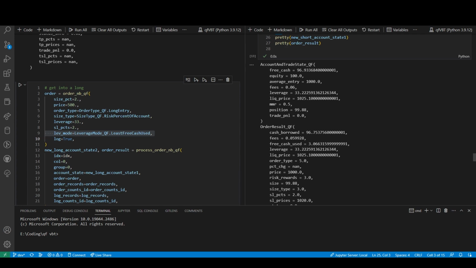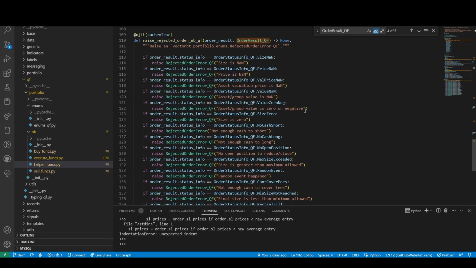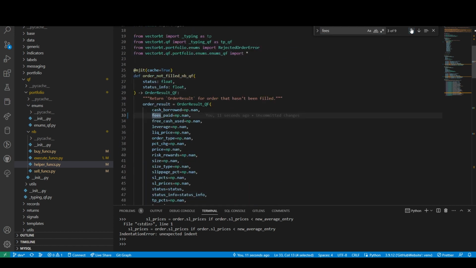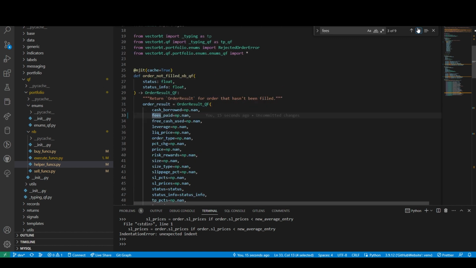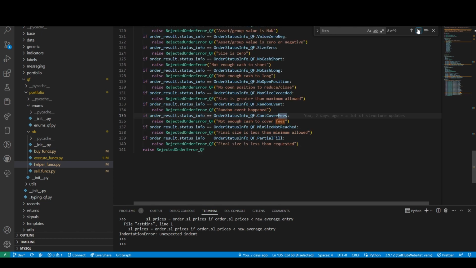So we'll look for fees everywhere. Fees paid, fees paid, fees paid. Can't cover fees.